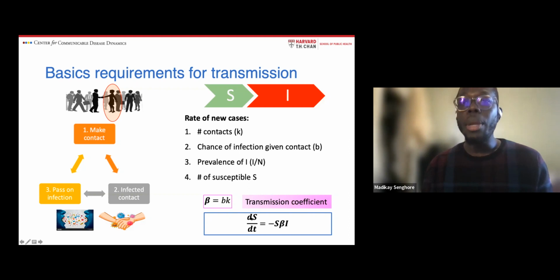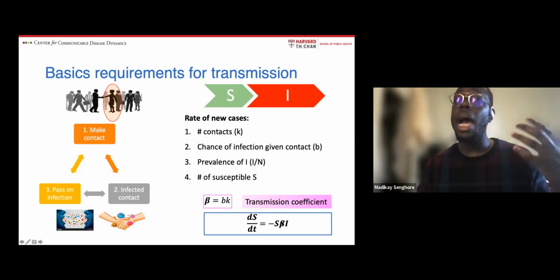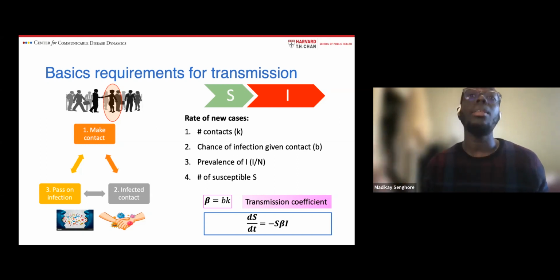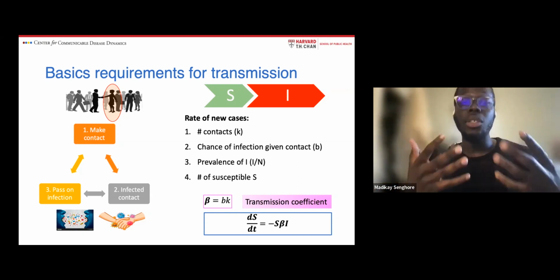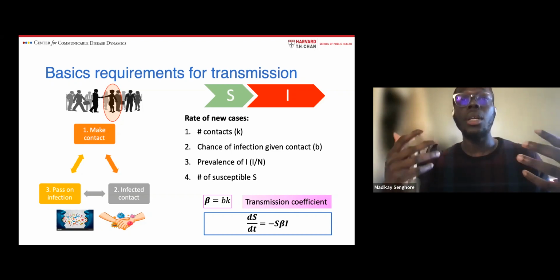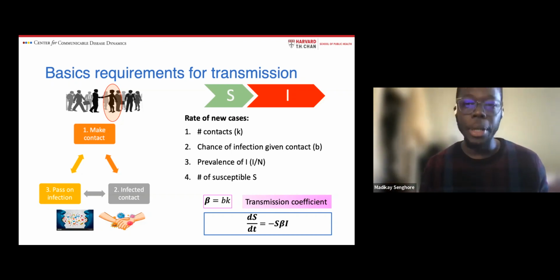So how many people go from being susceptible to infected at a given point in time depends on how many people you have susceptible, how many people are infected in the population, and this transmission coefficient, which is a product of human behavior and pathogen behavior as well. Human behavior being how many contacts you're making, and pathogen behavior being when you do give the pathogen an opportunity to infect someone, how well is the pathogen going to do in terms of infecting that person, right?